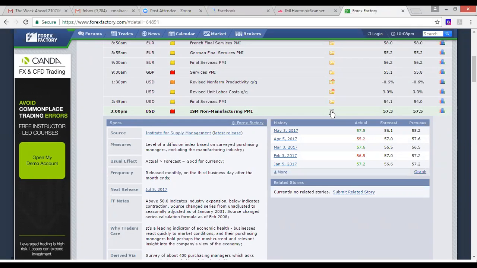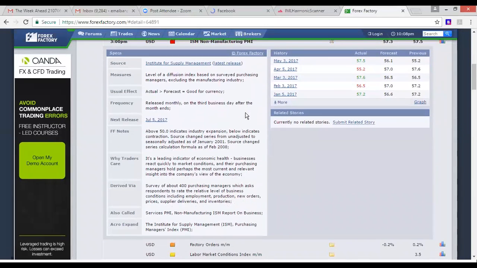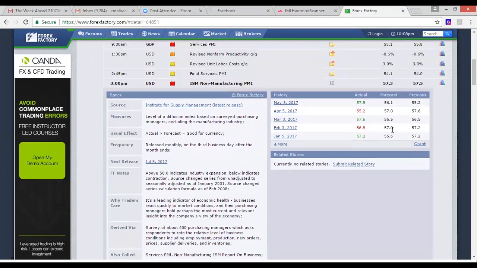Institute of Supply Management, non-manufacturing PMI. Please take note of PMIs. Anything index is always powerful. Purchasing Managers Index. Purchasing Managers Index tomorrow by 3 p.m.